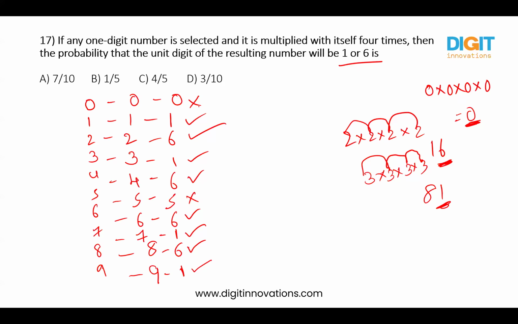Yes. So how many are there? 1, 2, 3, 4, 5, 6, 7, 8. 8 total favorable. In total 10 possibilities, out of 10, 8 are accepted. Okay, that means 2 by 5 less, 4 by 5. So that means option C is the answer.